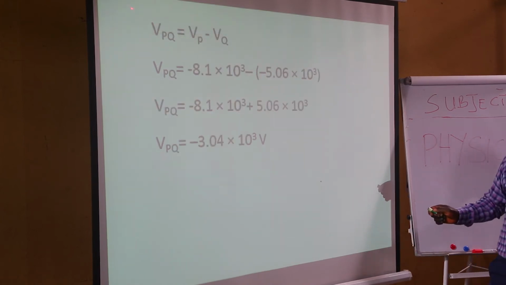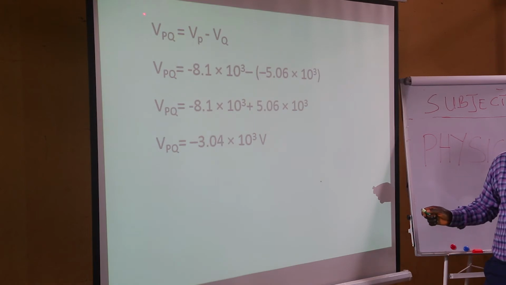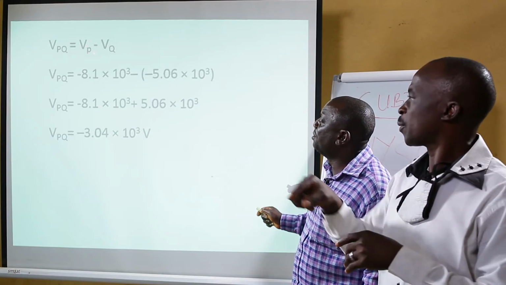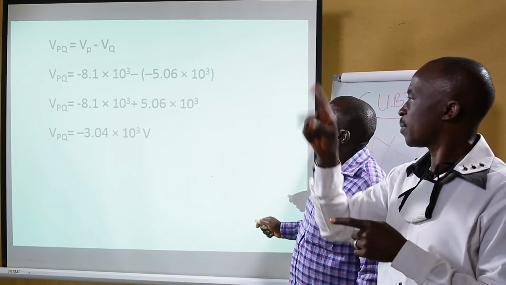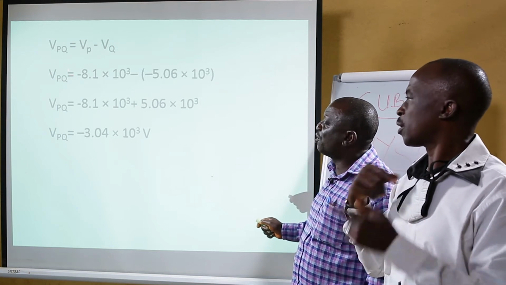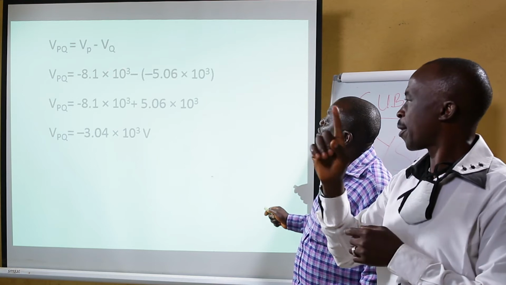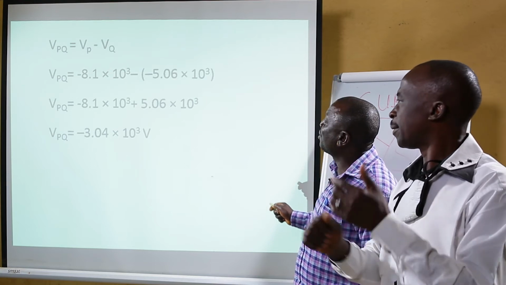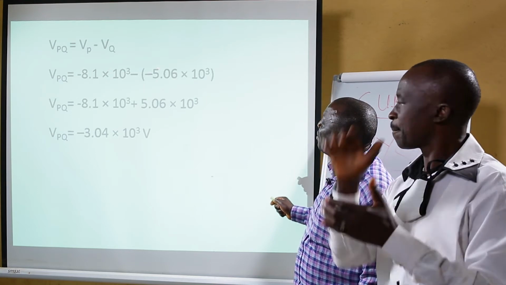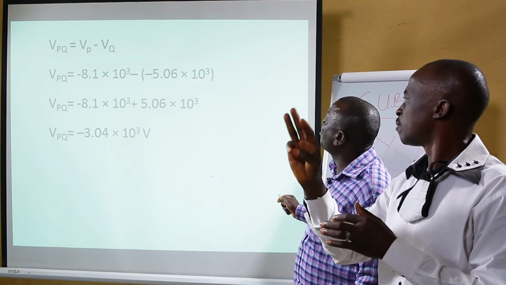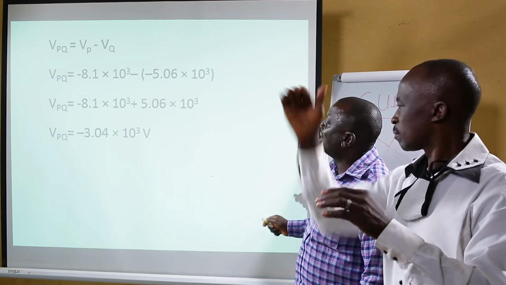Now, our resultant, that means Vpq, the potential difference between point P and point Q, will be equals to Vp minus Vq. So we have Vpq equals minus 8.1 times 10 raised to power 3 minus bracket minus 5.06 times 10 raised to power 3.